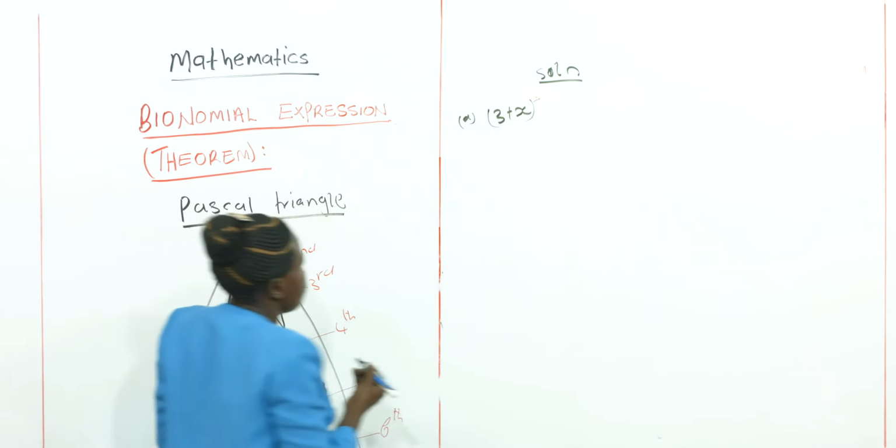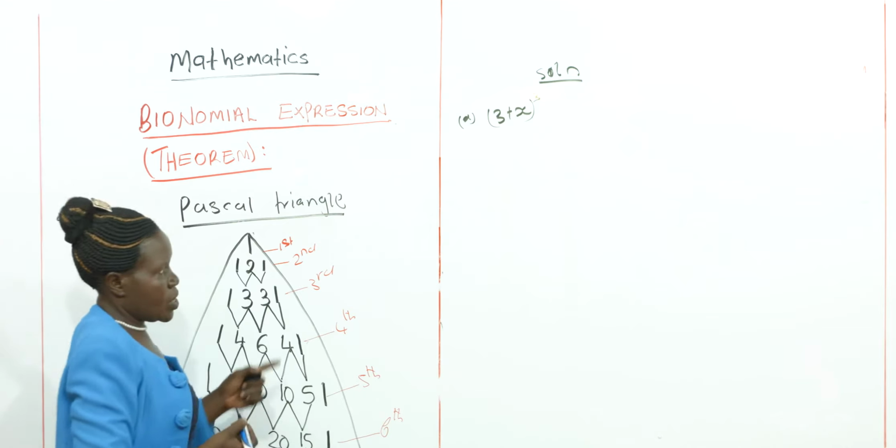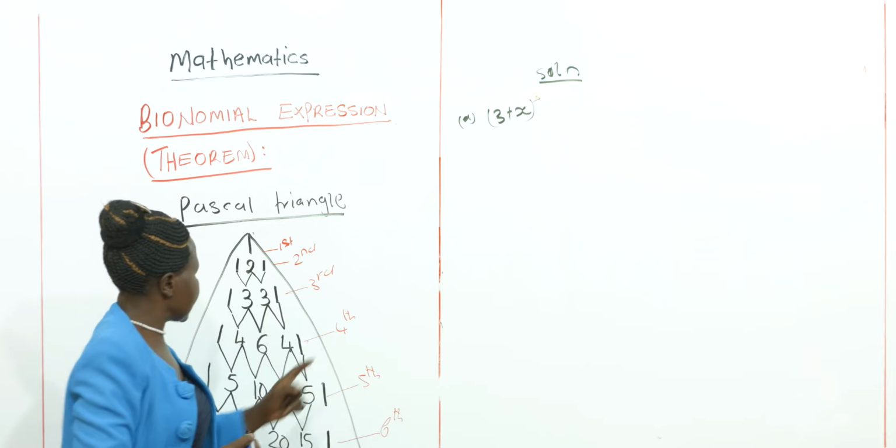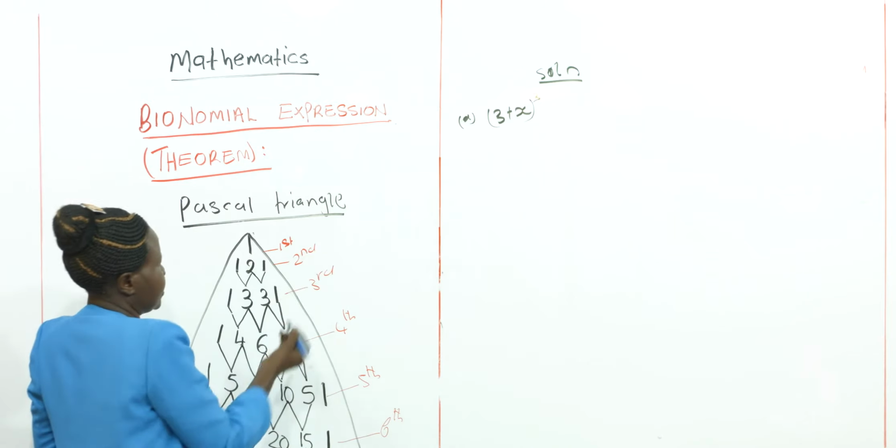They are asking us to use the Pascal triangle. So what we do, the first step, you are to get the power. Our power is number 3.